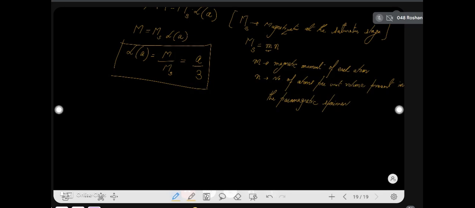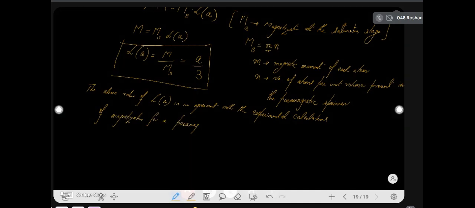LA equal to M by Ms equal to A by B. The above value of LA is in agreement with the experimental calculations of magnetization for a paramagnetic expression.